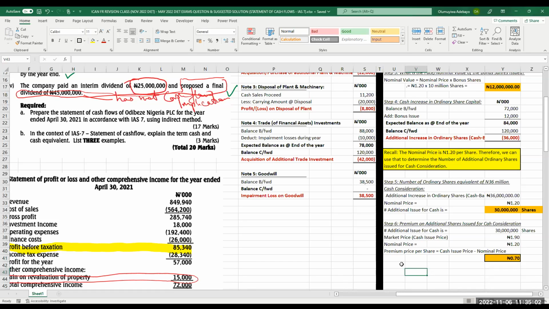Therefore, the premium value equals premium price times number of new shares. And what is that?